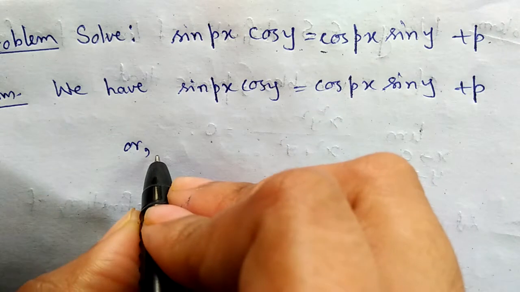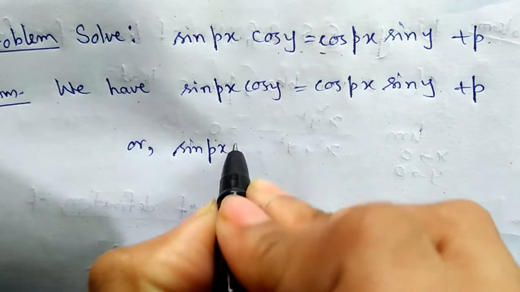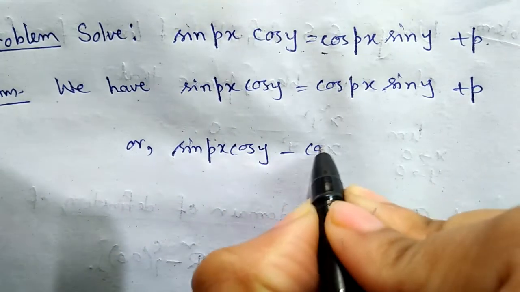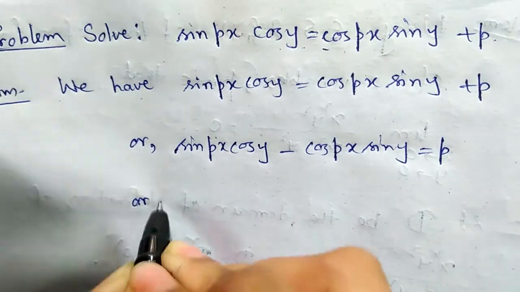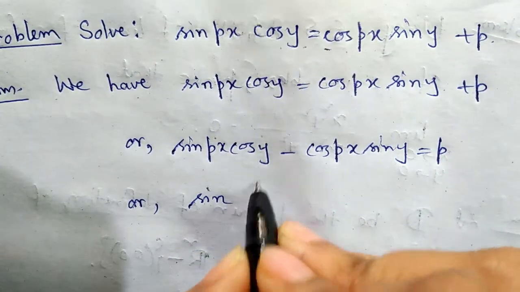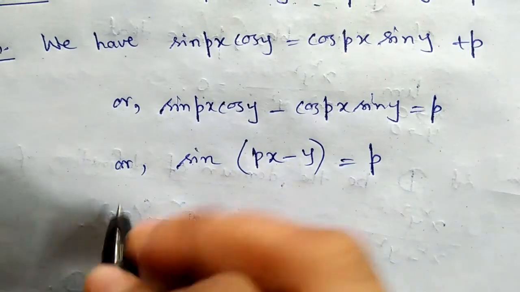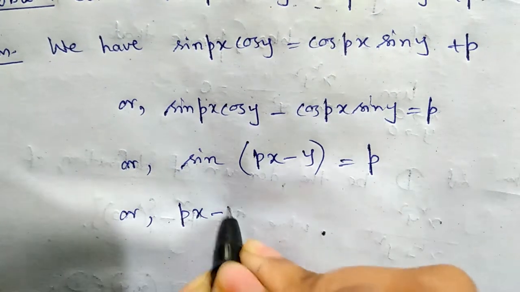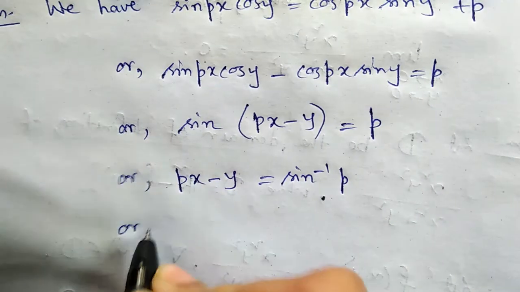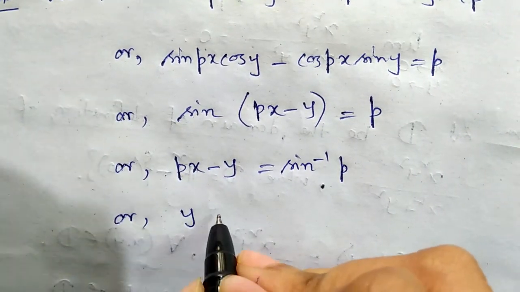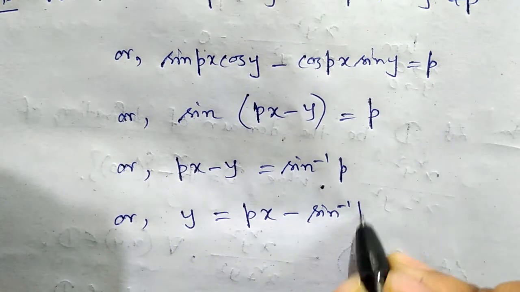Now, this can be written as sin(px) cos y minus cos(px) sin y equal to p, or sin(px minus y) equal to p. Therefore, px minus y equal to sin inverse p, or y equal to px minus sin inverse p.